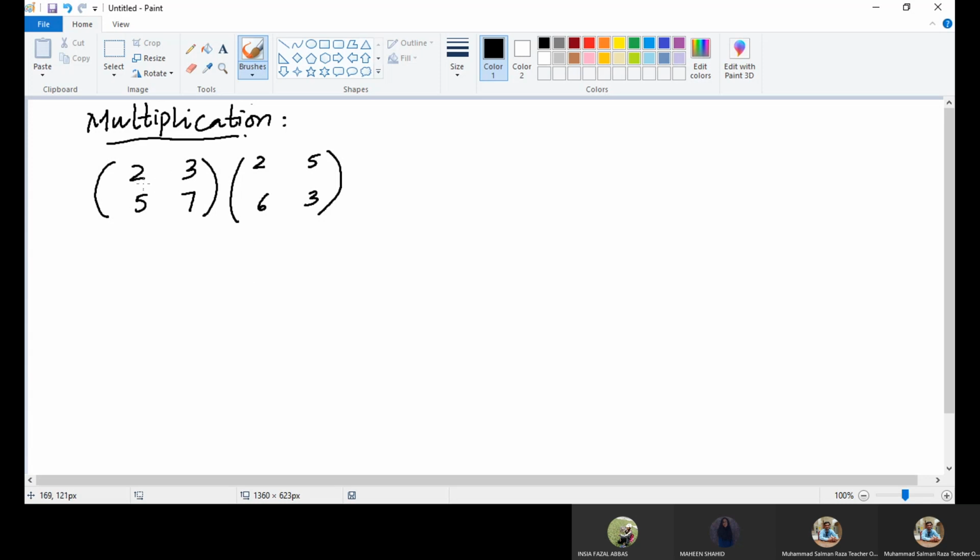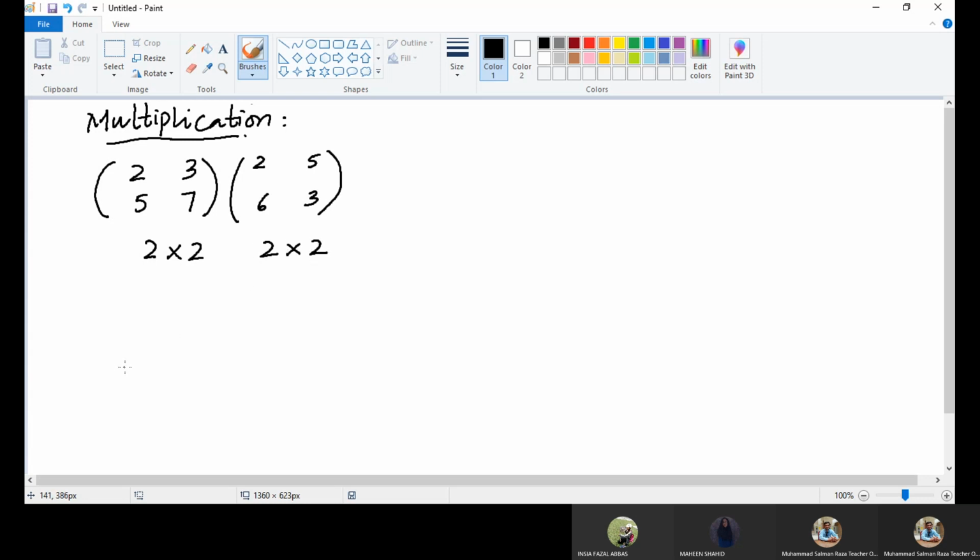The very first thing is their number of rows and number of columns, but will they have any influence on the question? So the very first thing is we'll see that this matrix was 2 by 2 and this matrix was 2 by 2 as well.